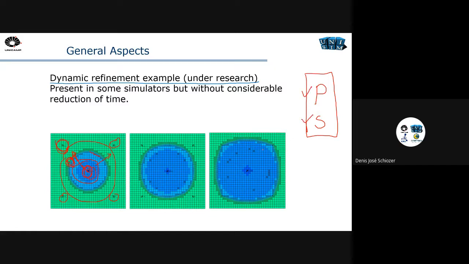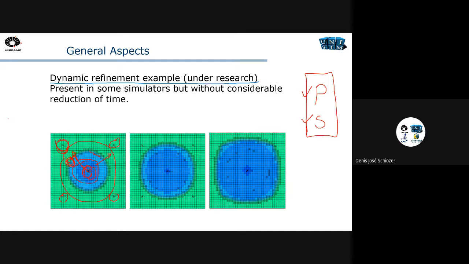Then I'm using methods that are implicit, like I told, and the refinement is bigger. And where the saturation is almost constant and the pressure is not changing too much, then I can use coarser blocks, bigger blocks, right? And I can use explicit methods. So that's the idea.